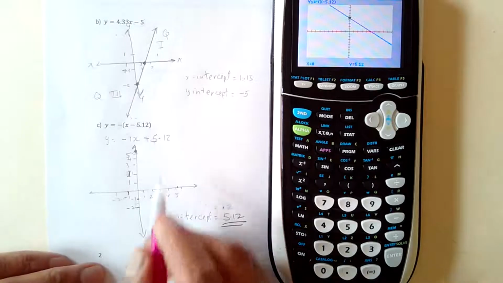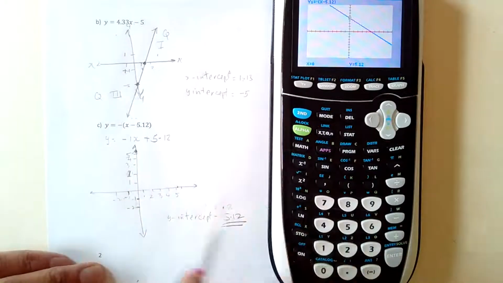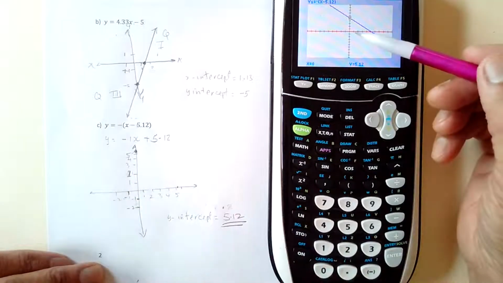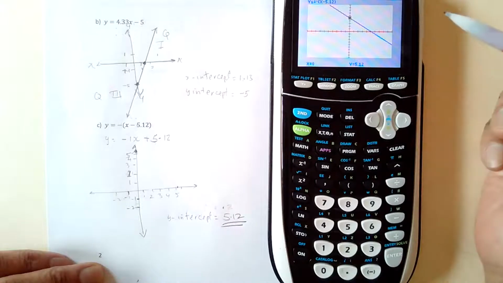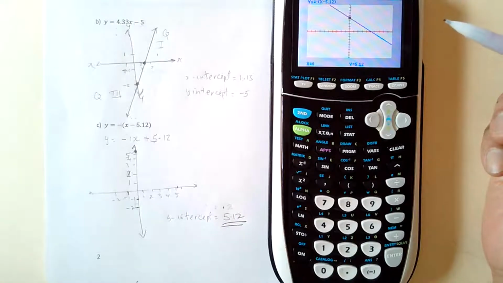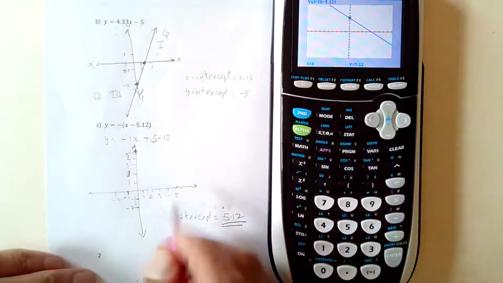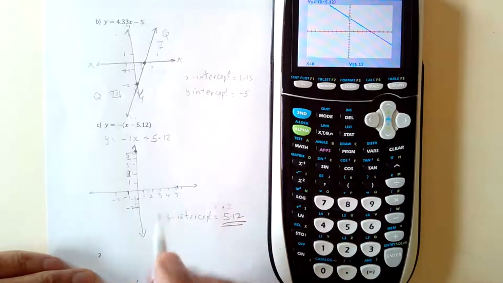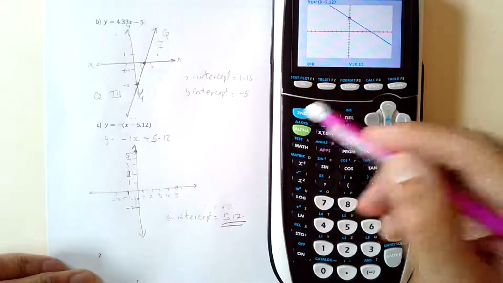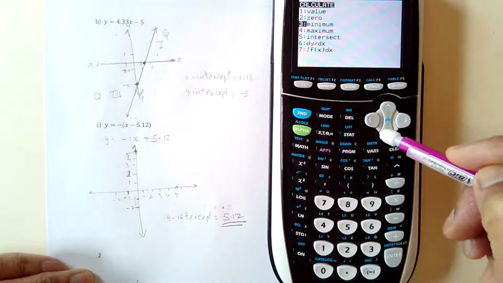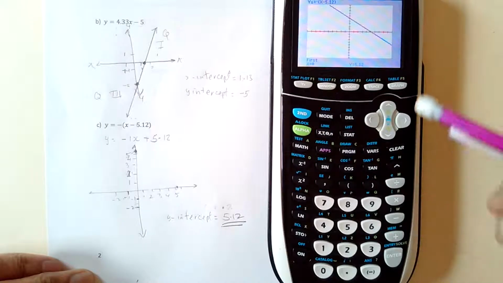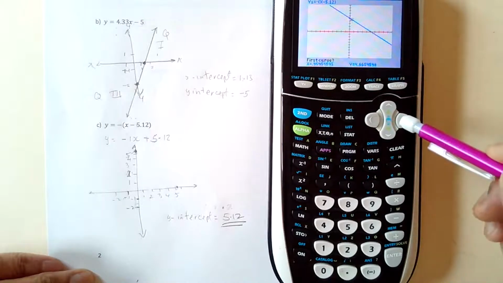Next, find our x-intercept. We know it's somewhere between, say, 1, 2, 3, 4, 5. It seems to be close to 5, if not 5. We don't know what it is, so let's find that now. Second trace, and then go to intersect. Number 5, press enter. First curve, I'm going to go close to my x-axis.